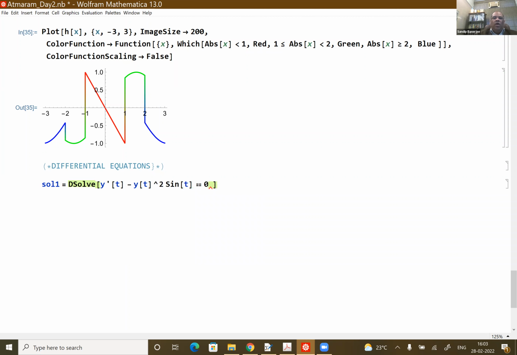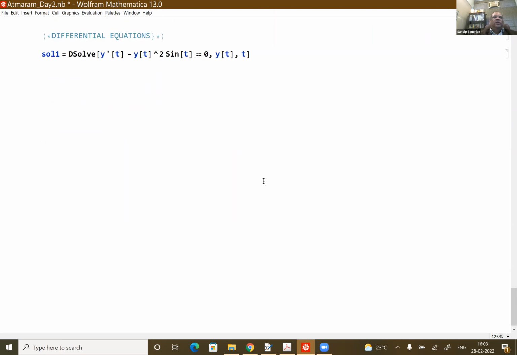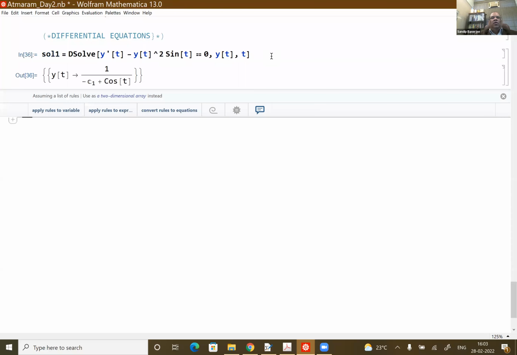So when you put an equal to, you give double equal to, then you state the dependent variable, which is y, and the independent variable. So this is the syntax. DSolve y dash t minus sine t into y(t) whole square equal to 0. If you just solve it, you get this to be the answer, where your C1 is your arbitrary constant. Just see whether you're getting this output.